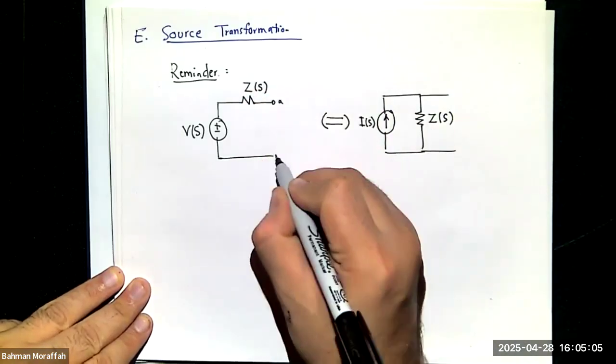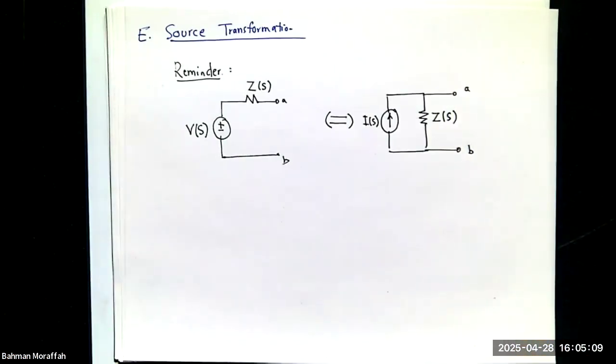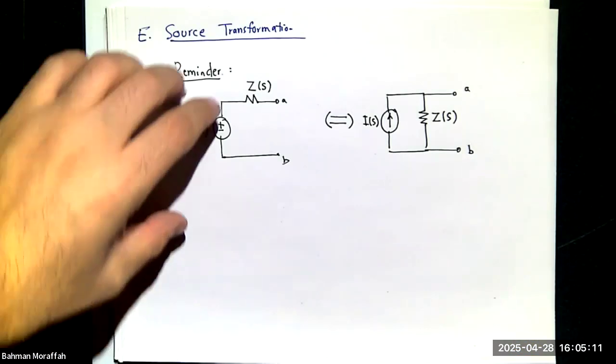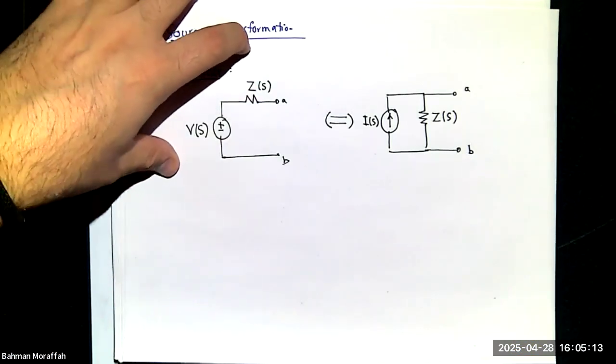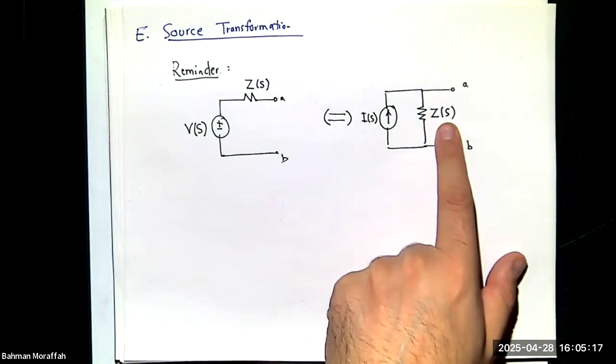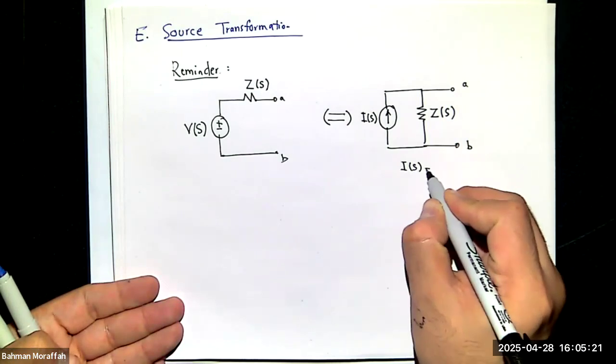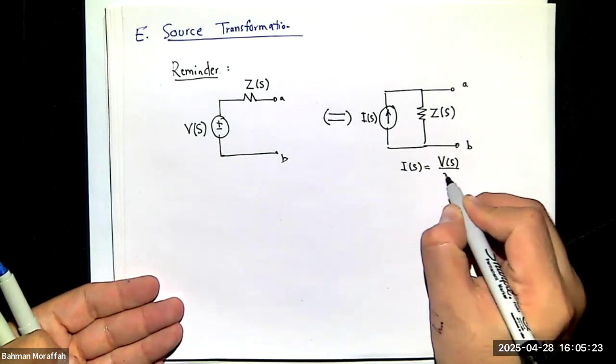And if I call this A and B, this is still going to be A. So assuming I'm given the circuit on the left, I can compute the circuit on the right. This Z of S does not change. I know I of S is V of S divided by Z of S.